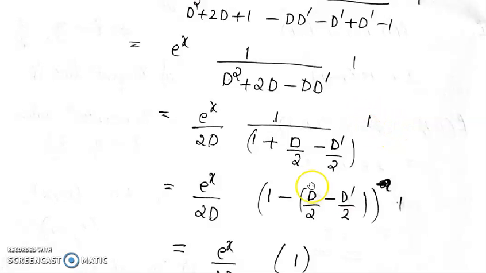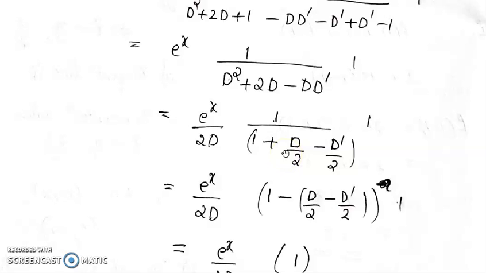Here you have a constant, so we need only the powers of D, as the higher derivatives will be 0. So when we take DD dash also, you get 0. So when I expand this, you will get 1 minus D by 2 minus D dash by 2. It's in the form (1 plus x) whole raised to minus 1.